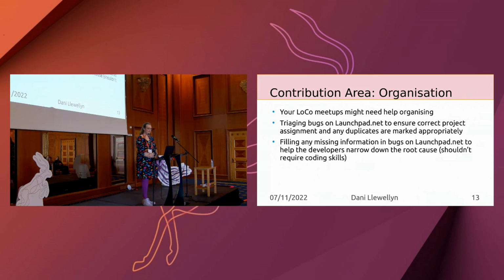So even if you don't have coding skills, you can help by making sure that the bug submitter has provided all the information that they can. You can try to elicit more information if you feel that there's not enough for the developers. And again, making sure that it's assigned to the correct projects would be really helpful.